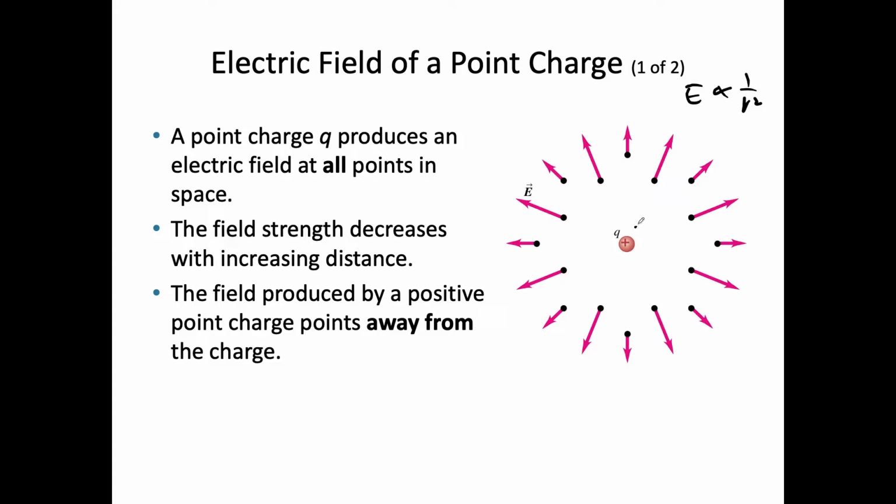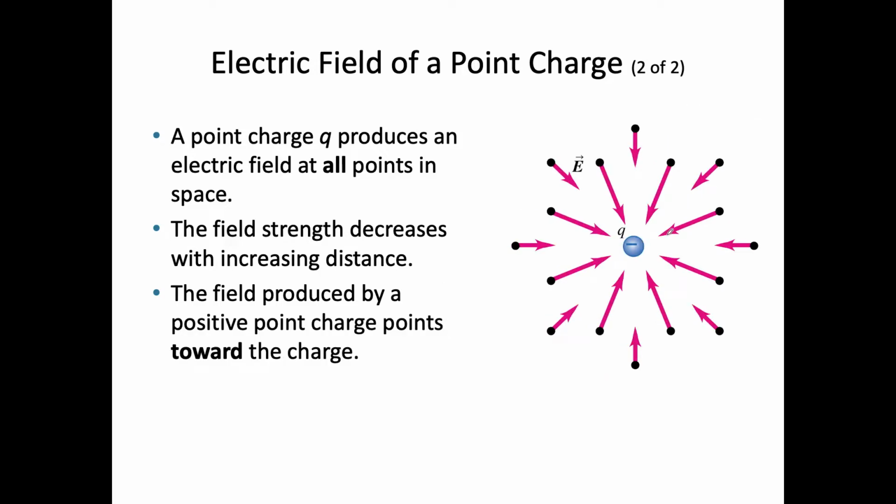If you get close to the charge, it becomes stronger, as we can see from this 1 over r squared. And for a positive charge, the electric field at all locations is pointing away from the charge.